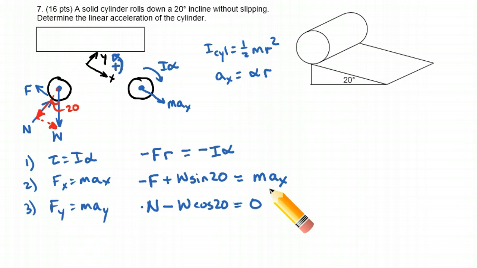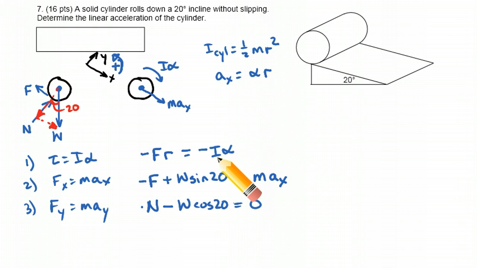If we look at these two equations right here, the torque equation and the forces in the x equation, they both have a friction in it that we can eliminate by solving for it in one and substituting in the other. They have acceleration and alpha, so we can relate those as we did up here.